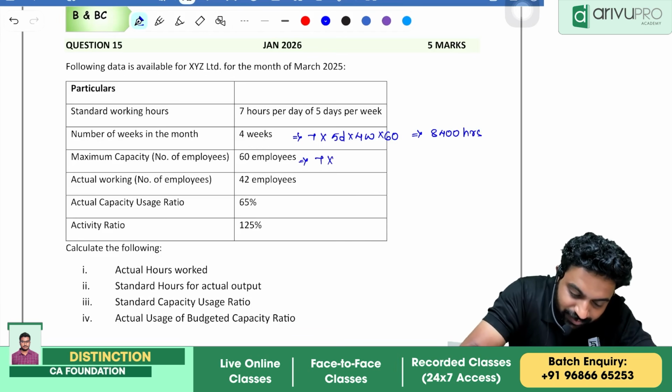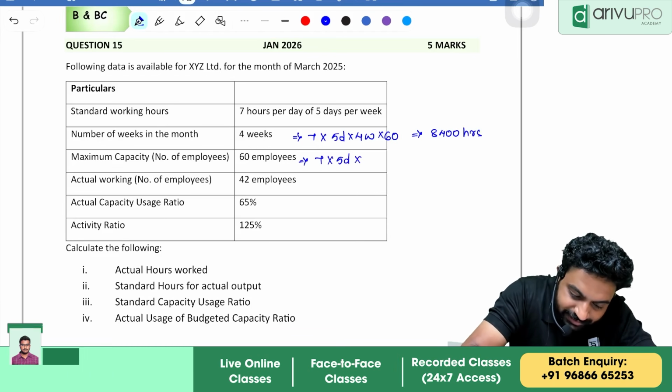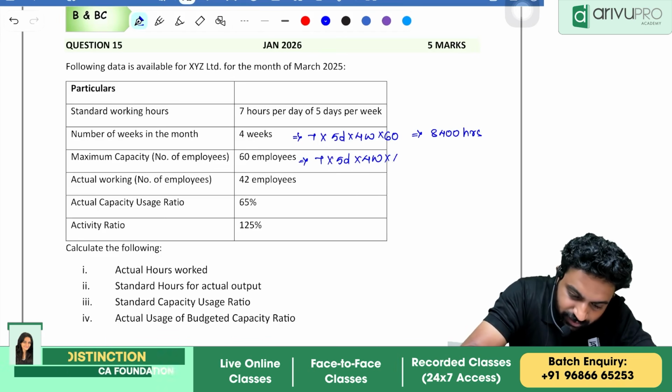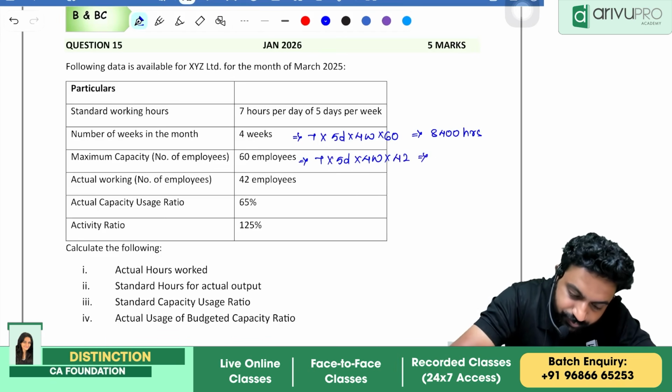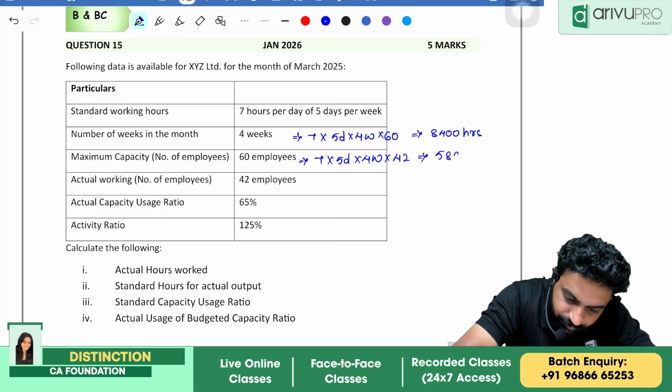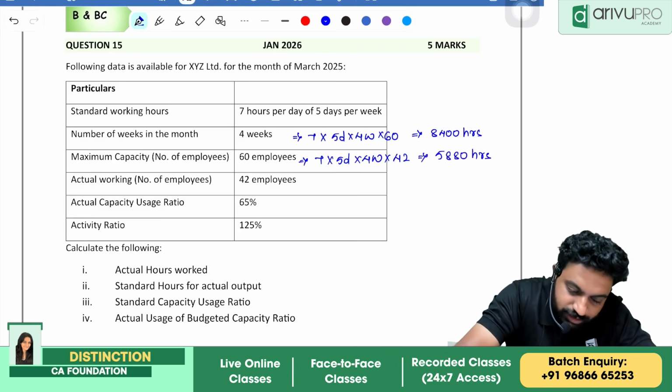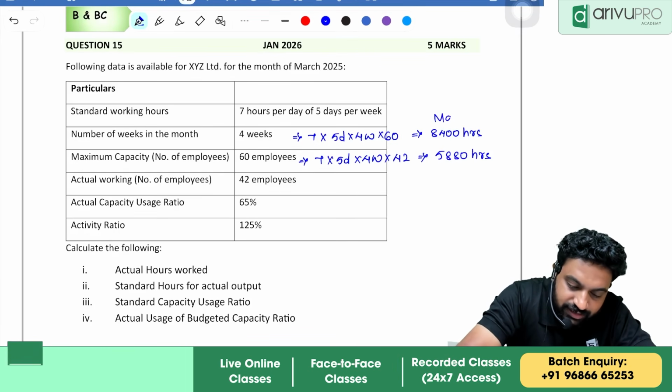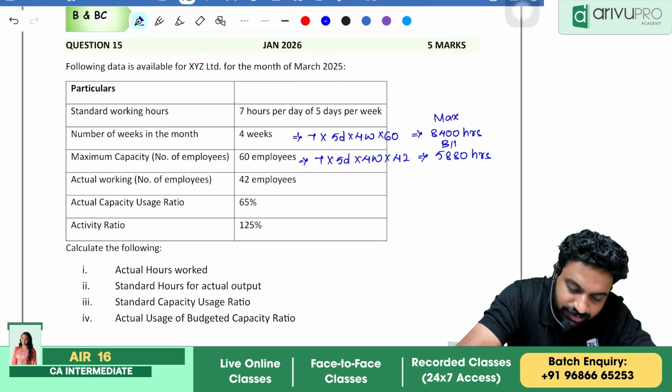Whereas 7 hours, 5 days, 4 weeks, 42 employees is 5,880 hours. This is your maximum hours, and this is your budgeted hours.